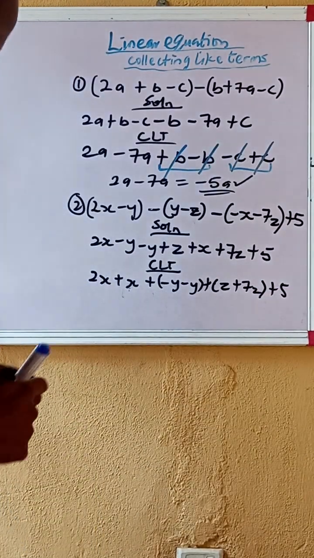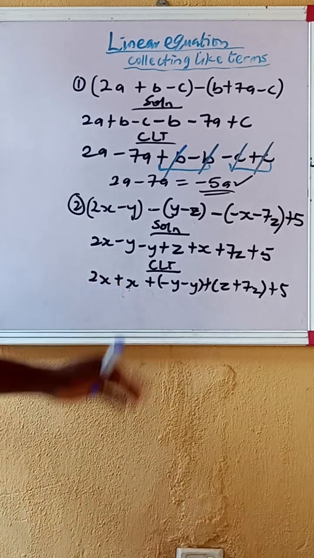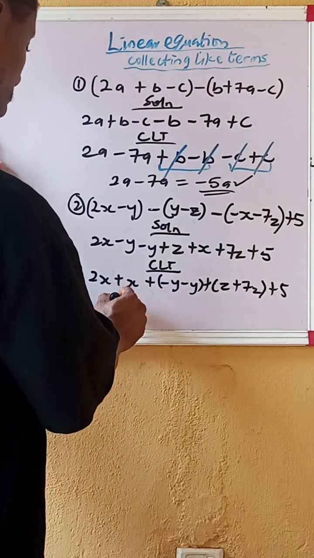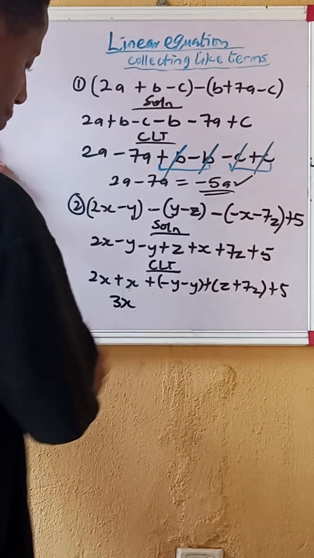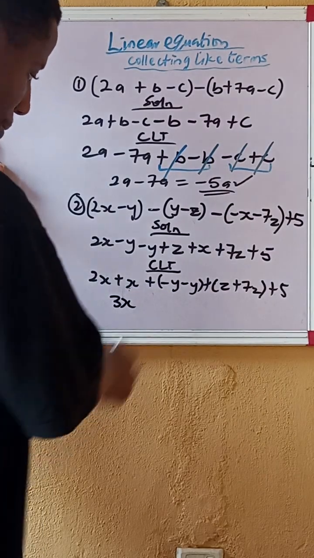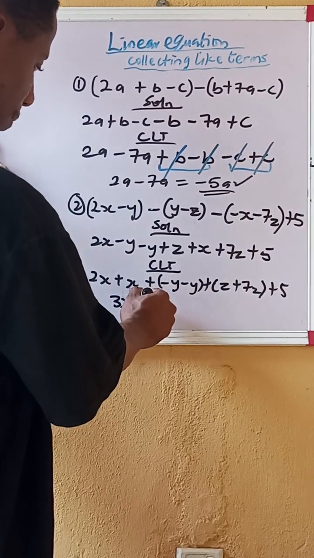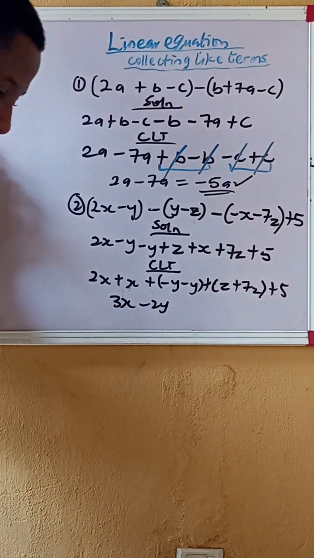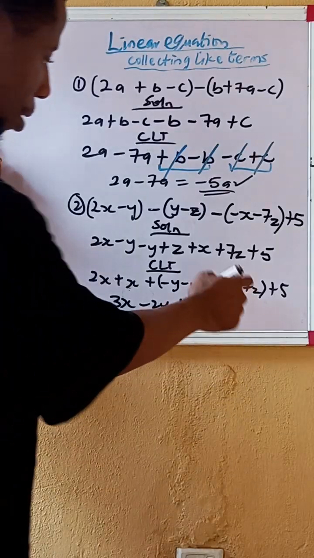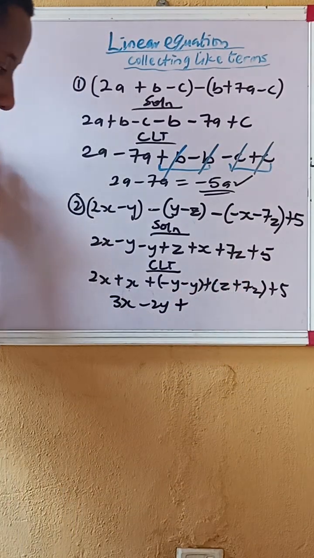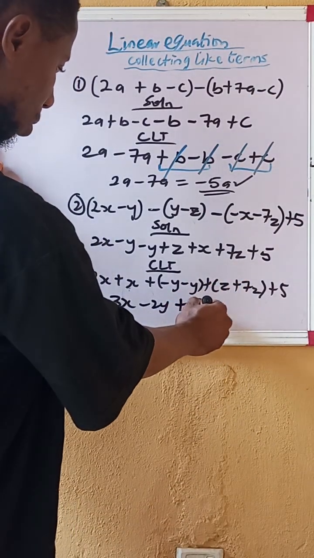So now that we are done with this, 2x plus x will give us what? 3x. Minus and minus will give us minus, so minus y minus y will give us minus 2y. Plus z plus 7z will give us 8z.